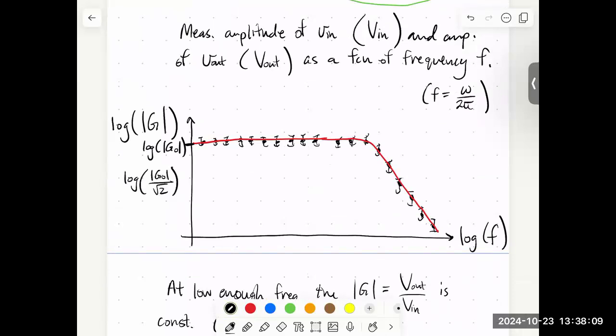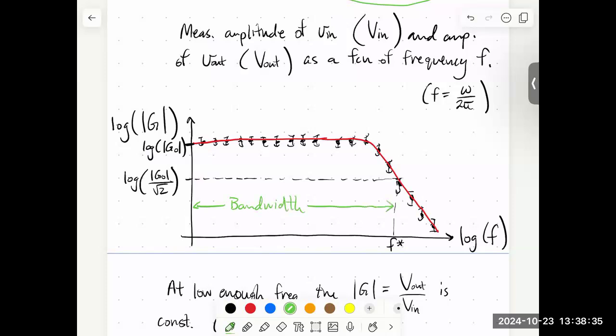So if G0 is 100, G0 divided by √2 is like 70.7. So 70%. And so if we take a dashed line here and we find where we hit that curve and then extend down, this is F star, and this range of frequencies is called the bandwidth.